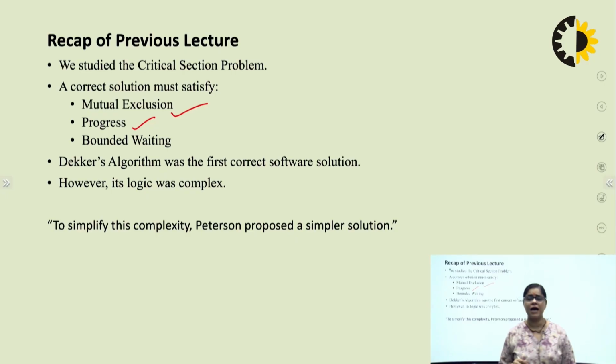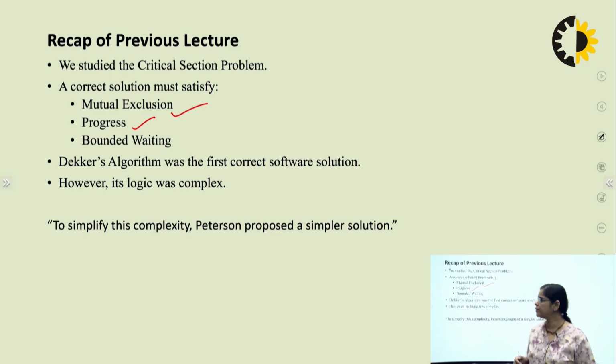Now the second property is progress. It means the critical section is not kept idle. Whoever is available just goes if that portion is empty. If process P1 is available, then P1 will go; if process P0 is available, then P0 will go. It is not going to wait for the other process.